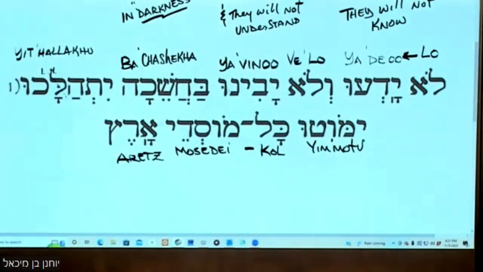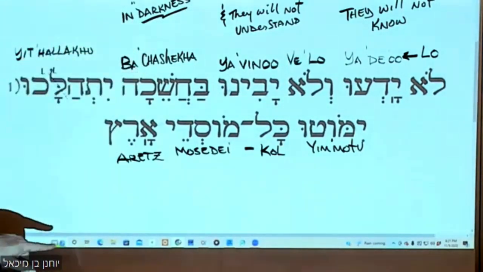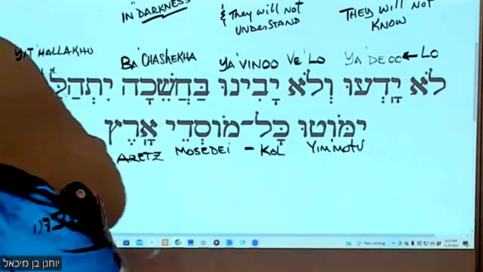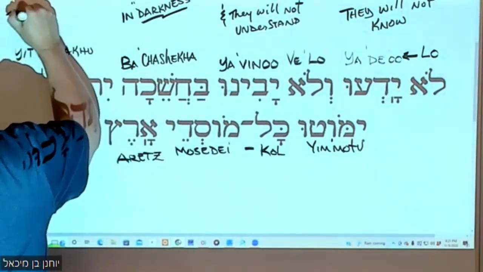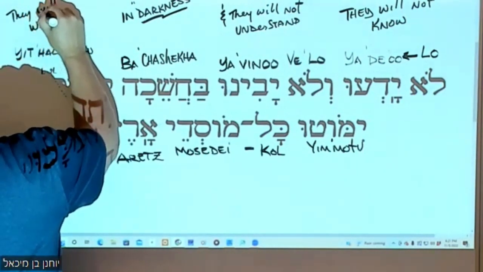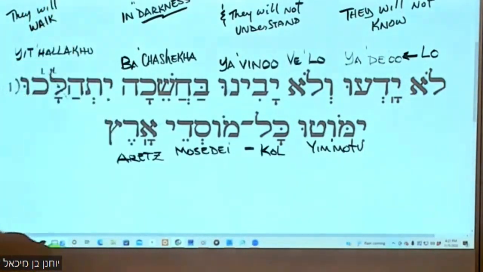Halach, which means what? To walk. Halacha is the manner in which you walk. Halach means to walk. Okay? So yithalachu. In darkness, they're going to walk. In darkness, they will walk.